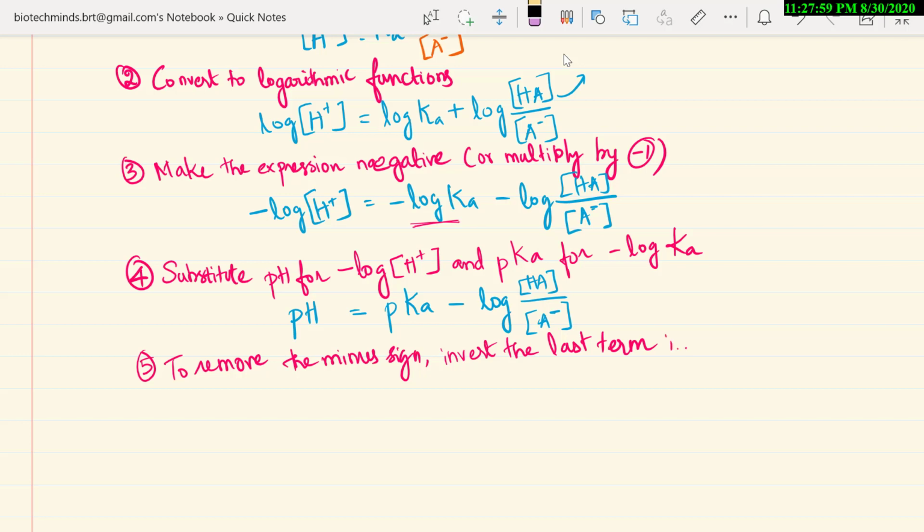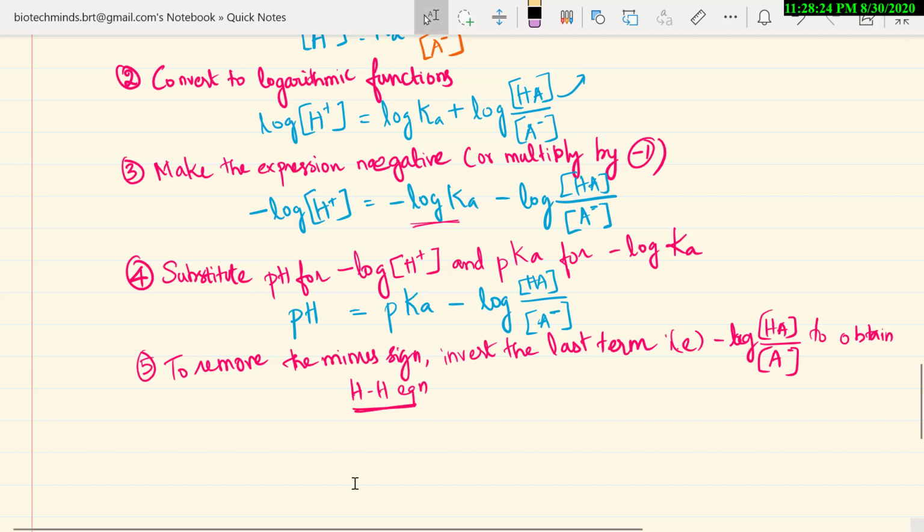That is, this minus log of HA, invert this last term to obtain, what will you obtain? To obtain the Henderson-Hasselbalch equation, HH equation. So that is the final form of equation we are going to obtain. We will see how it happens.